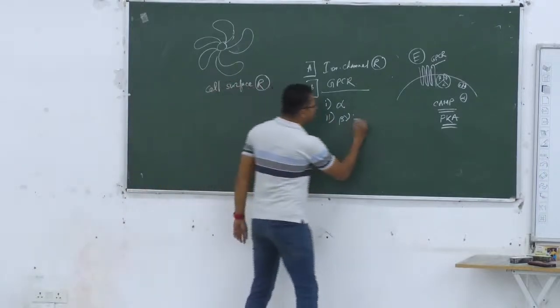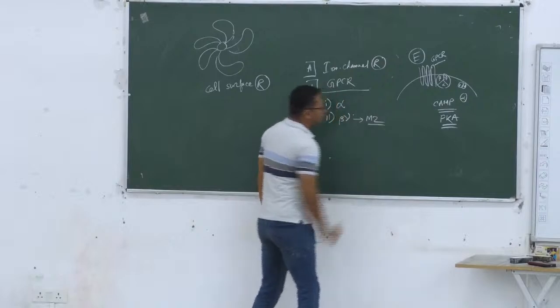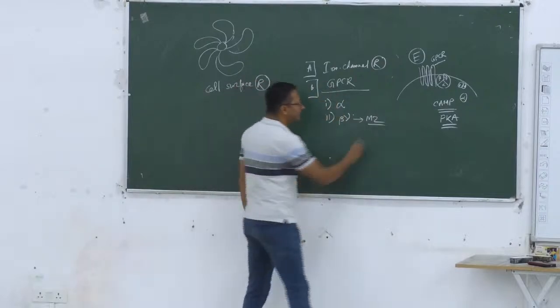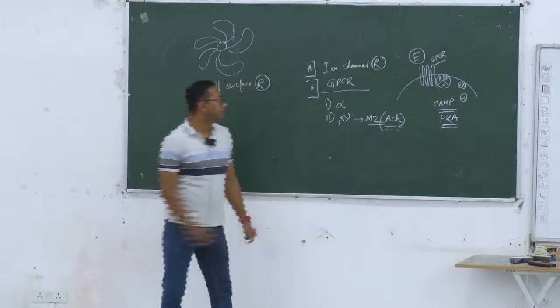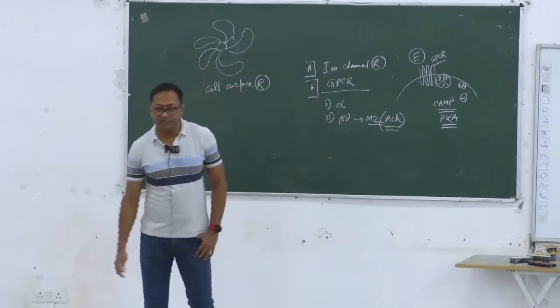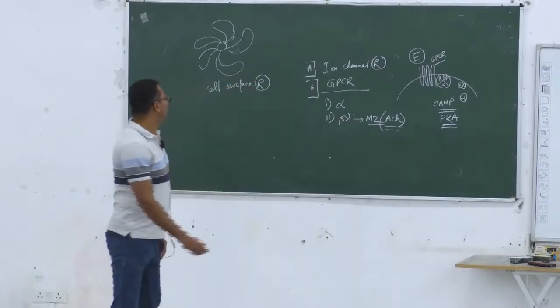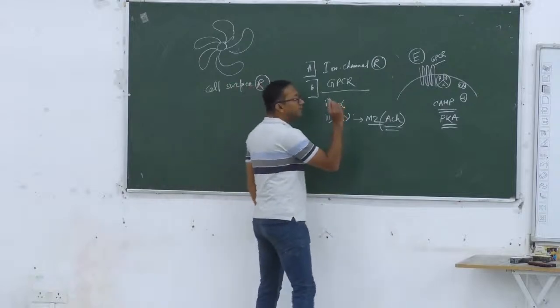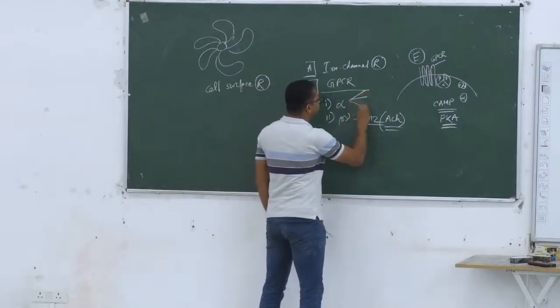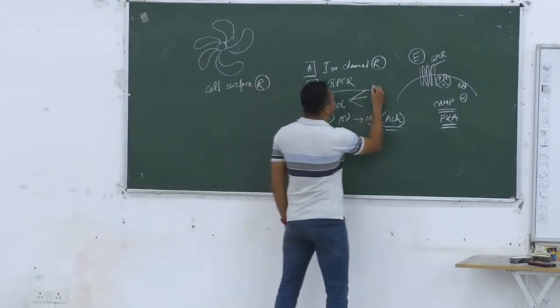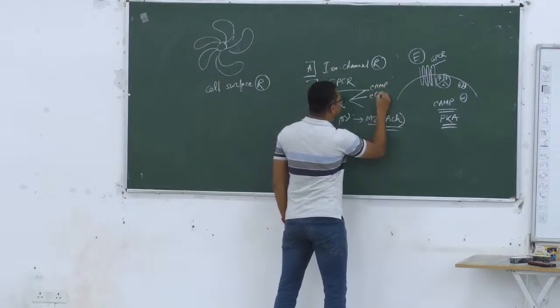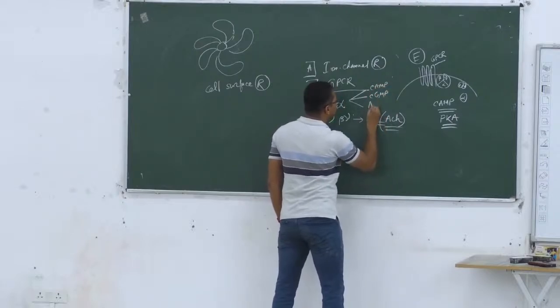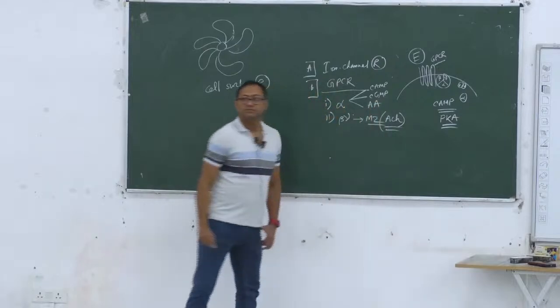Beta gamma mediated action happens in M2 receptor, acetylcholine M2 receptor, muscarinic, which increases potassium conductivity, right? And alpha mediated action is of three types. One is cyclic AMP pathway and another is arachidonic acid pathway.